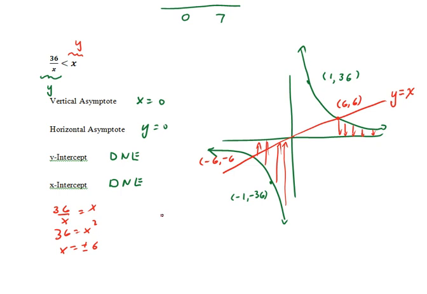So this time our solution are the values, and we need strictly under. So from -6 to 0, not including either of those, union from 6 to infinity, not including either of those.